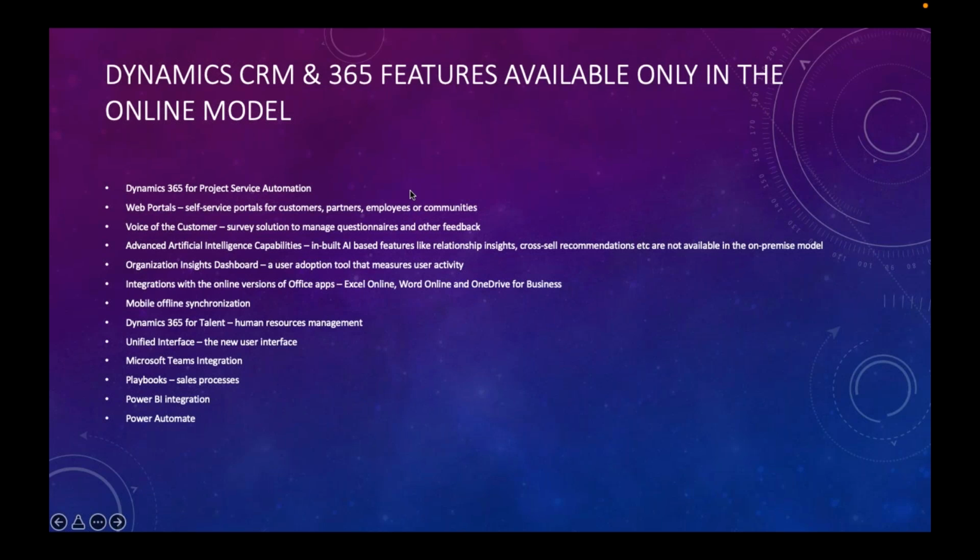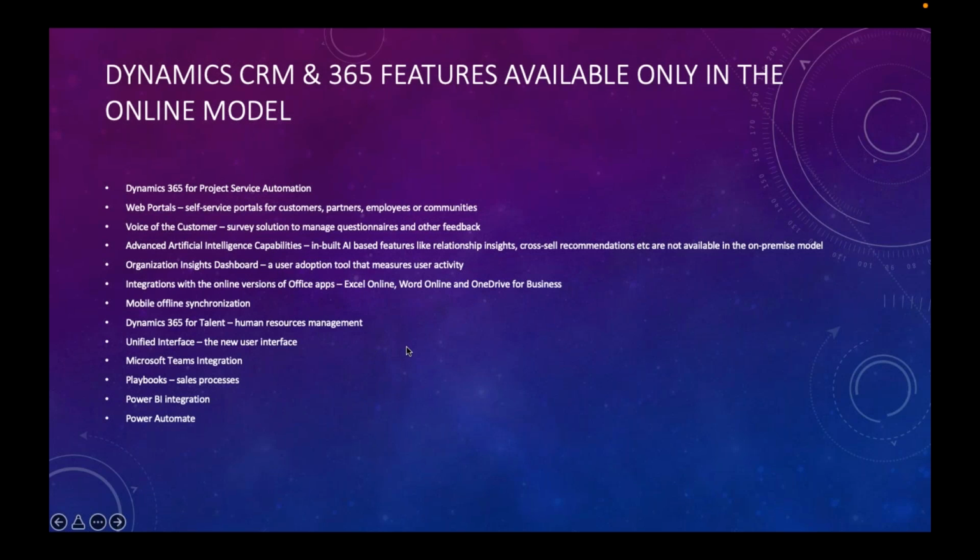Before, we had only four modules: sales, services, marketing, and field service, in Dynamics CRM, customer relationship management. But now they have added additional modules. One is called project service automation. The other one is human resource management, which was recently introduced.